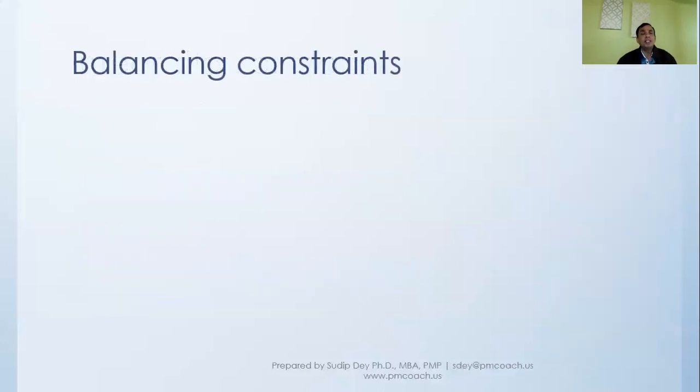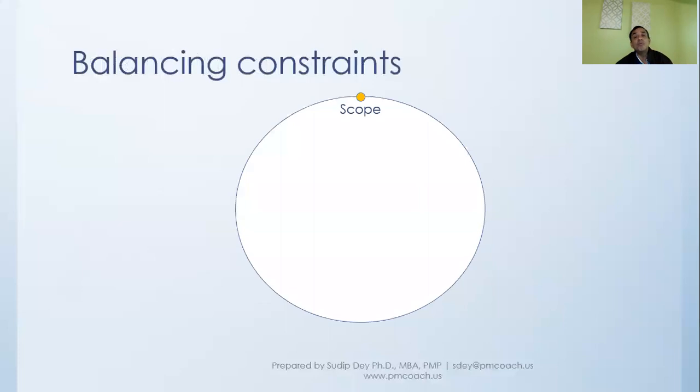Now, one of the things that we need to understand is balancing constraints. In a project, there will be many constraints that will often play a tug of war. Different things will come into play. Now, when you plan, and if you have spent enough time, what you'll find is you will do the scope, quality, time, resource, cost, and risk.